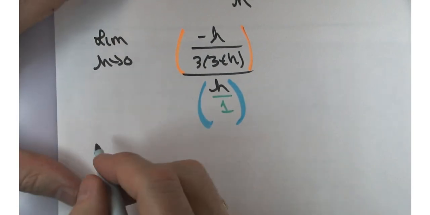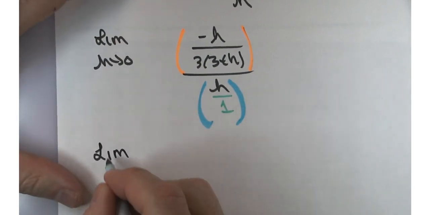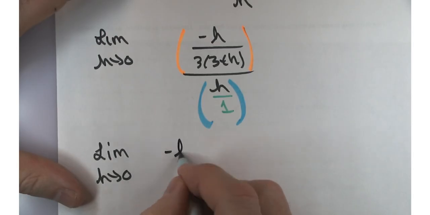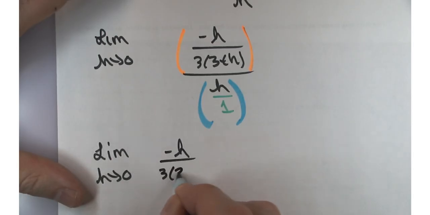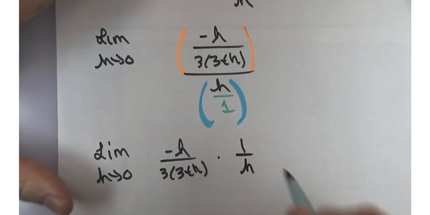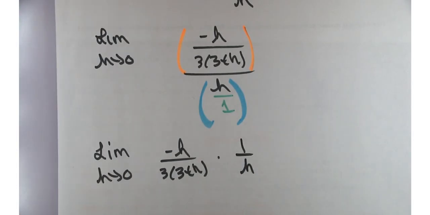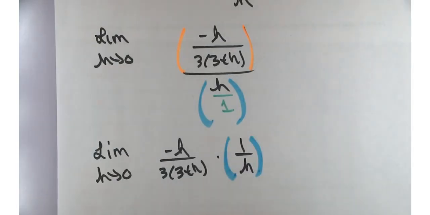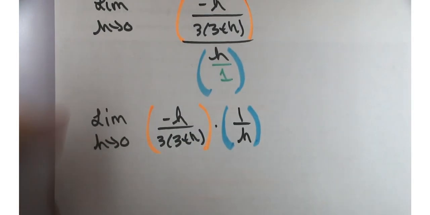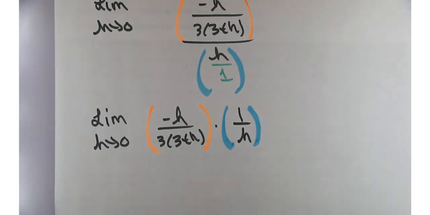So the limit as h approaches 0 of negative h over 3 times (3 plus h), times 1 over h. So that's my denominator here, and this is my numerator here. Can you see daylight at the end of the tunnel? And it's not an oncoming train, so that's good.